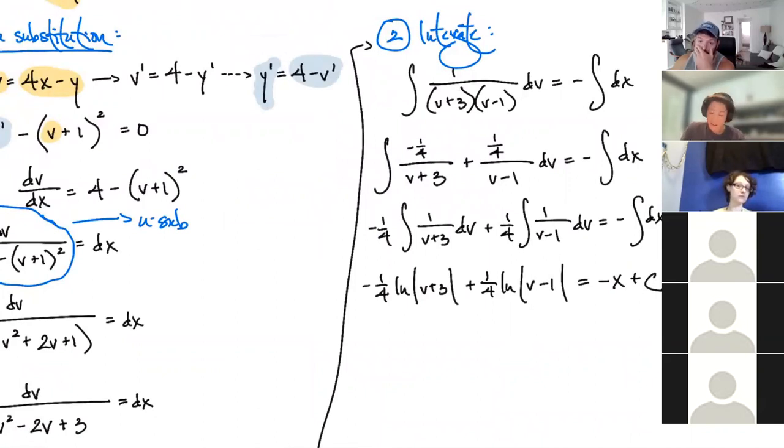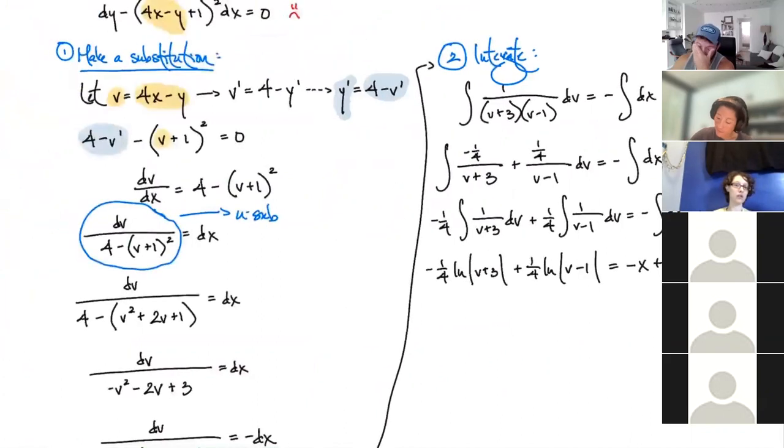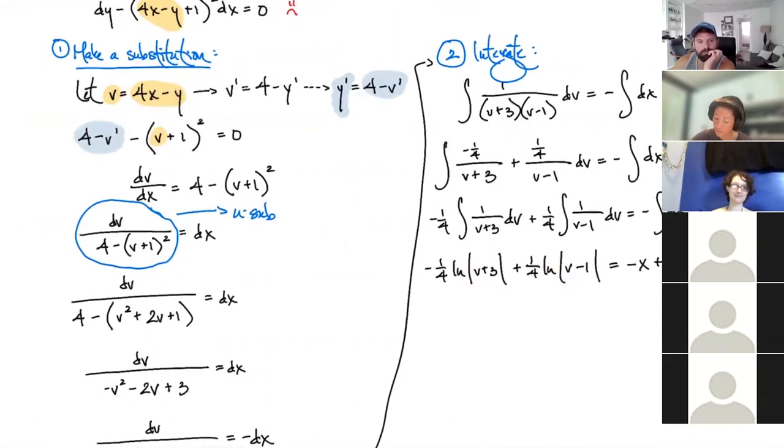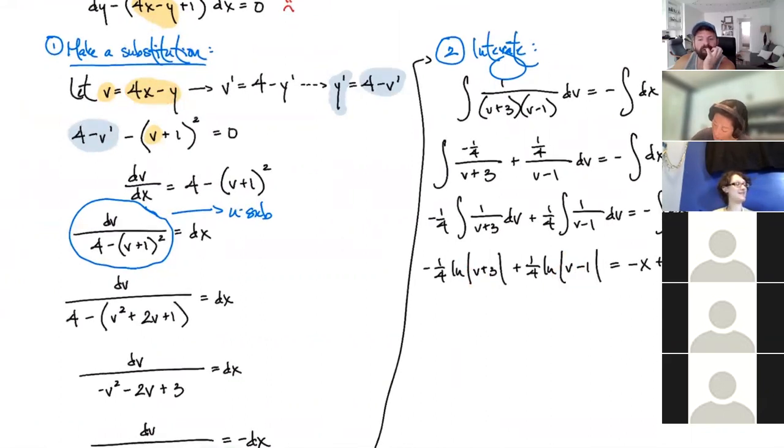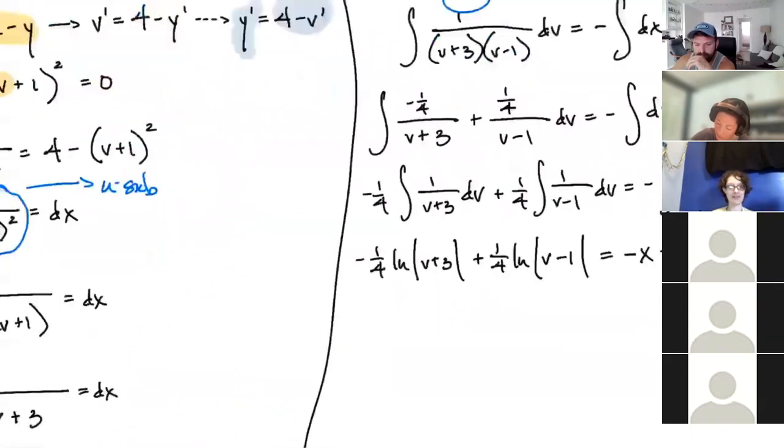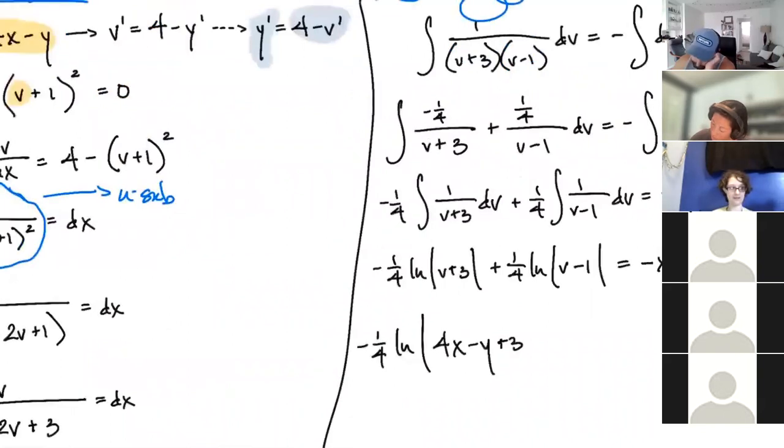But anyway, we want to get v out of here. If you like, you can just take 4x minus y and stick that in everywhere you have a v. That would be one way to say, let's call it a day. So we could say negative 1/4 natural log of 4x minus y plus 3, plus 1/4 natural log of 4x minus y minus 1, equals negative x plus c.